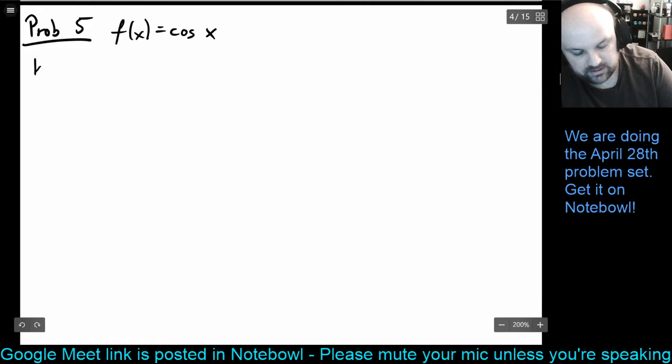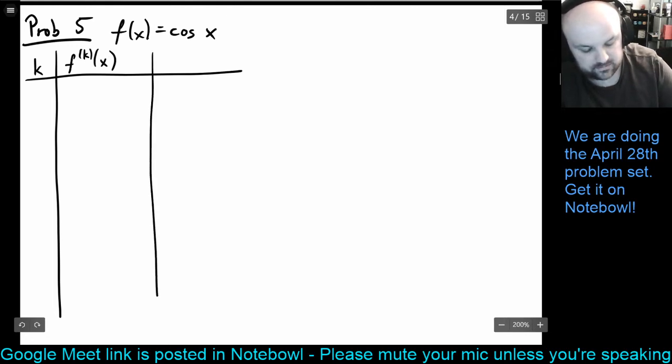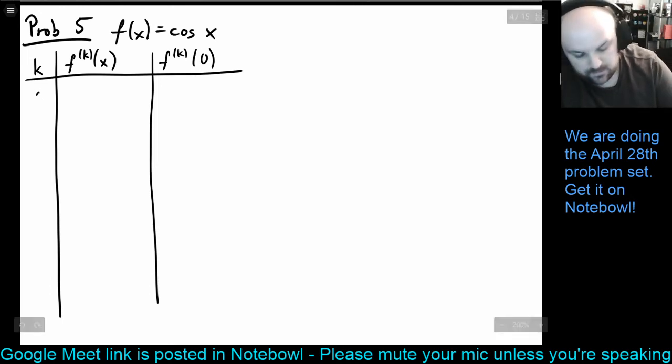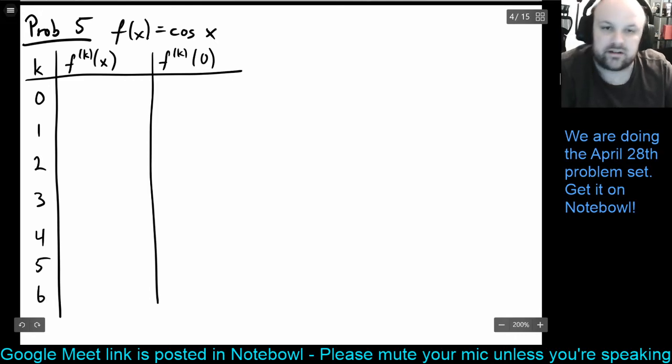Right? So here I'm going to say k, the kth derivative, and then the kth derivative at 0. Here we're finding a Maclaurin series, so we're finding it at 0. And we want to do this for enough k values to sort of understand what's going on.